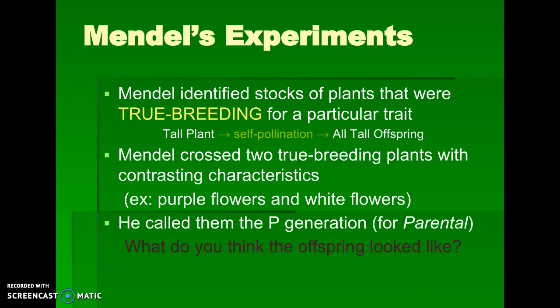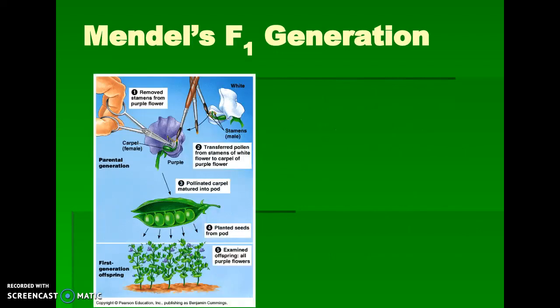So what do you think the offspring look like here? We've got purple flowers and white flowers. A lot of you might go, well, it's probably a cross somewhere between, a purplish white. Well, let's take a look. Mendel removed the stamens from the purple flower, and he transferred the pollen with a paintbrush to the carpel of the white flower.